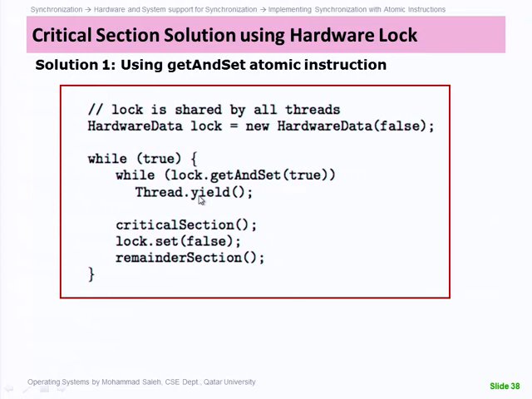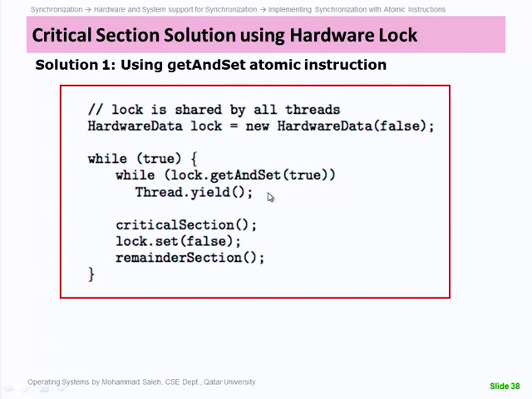And what does it say there? Yield. Suspend yourself. You've been trying to obtain the lock, but you couldn't, because it's already locked. The value is already true. And that will result in getting into the loop and then suspending the calling thread. Clear?